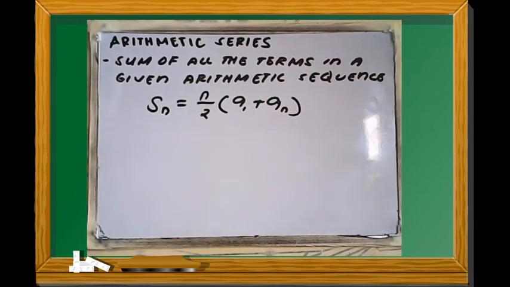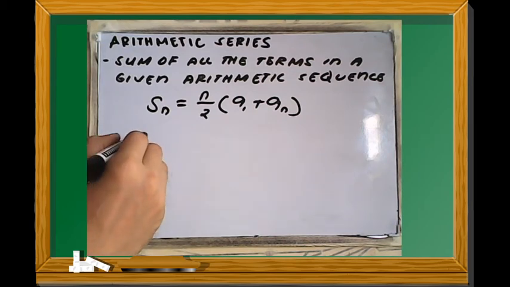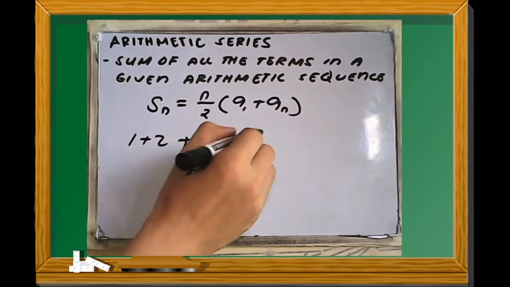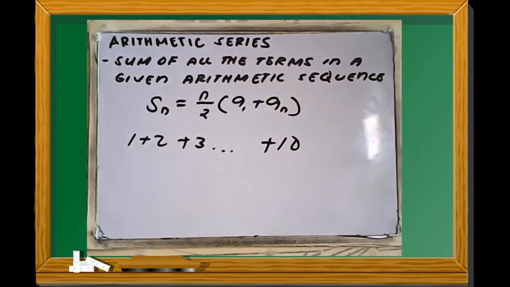There are two formulas in arithmetic series: the first one is for finite series, and the next one is for infinite series. We will commonly use this formula. For example, the given is 1 plus 2 plus 3 up to plus 10.